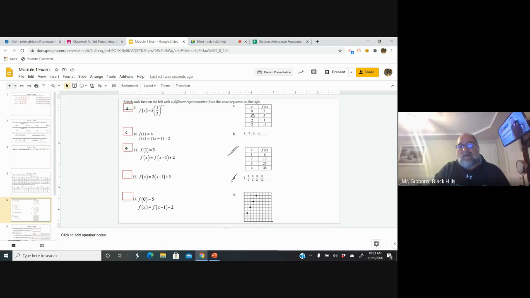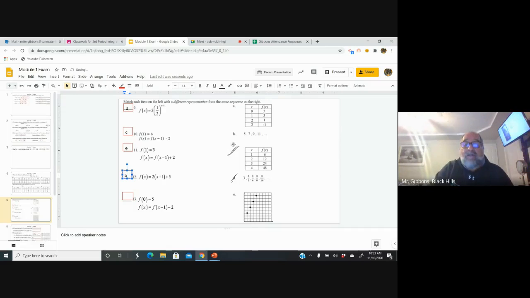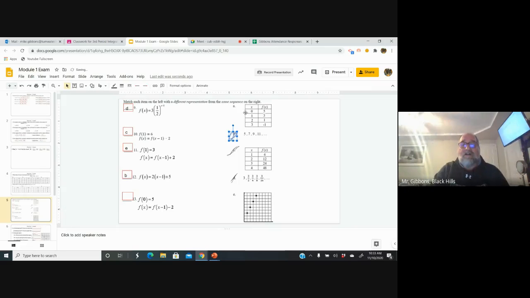Well, the table is 0, 5. This sequence, they're using that as a first term, 1, 5. So I say it's got to be a B. So I'll put a B right there. And I break out my scribble. Where are you at, scribble? There you are. And I'm going to cross that out now. Gone. Now, I could right now go A because that's all that's left.